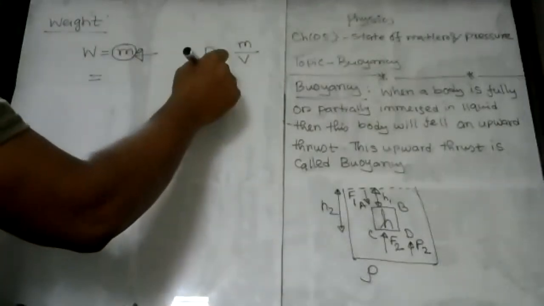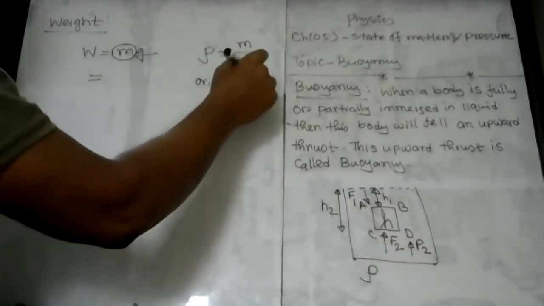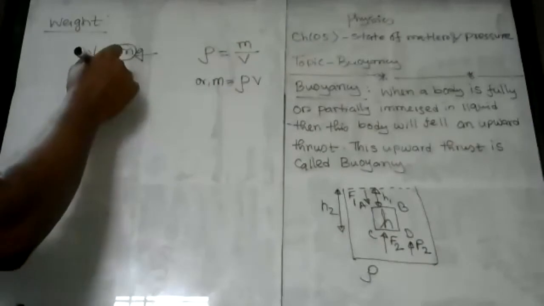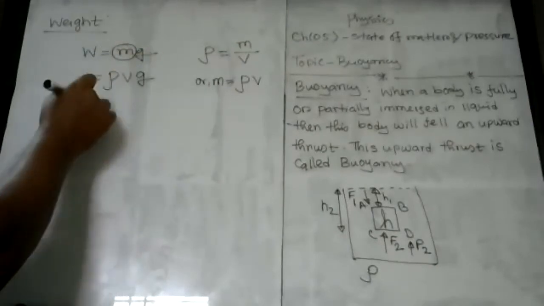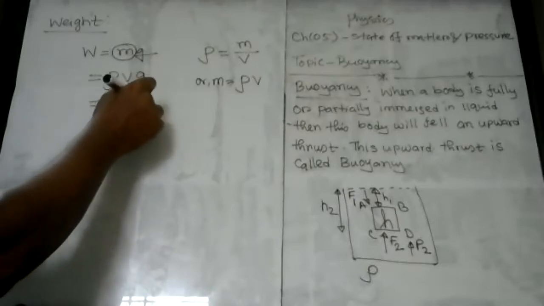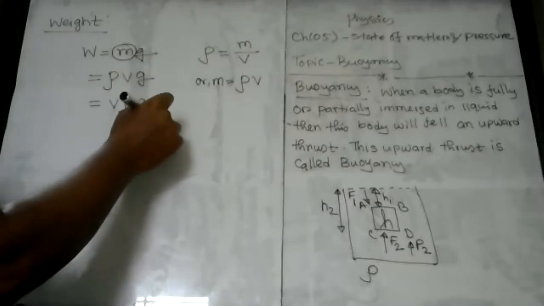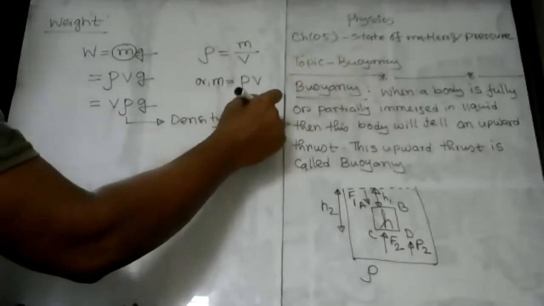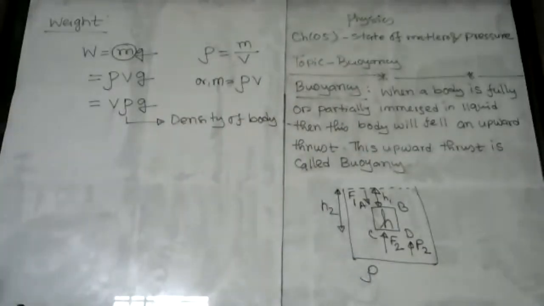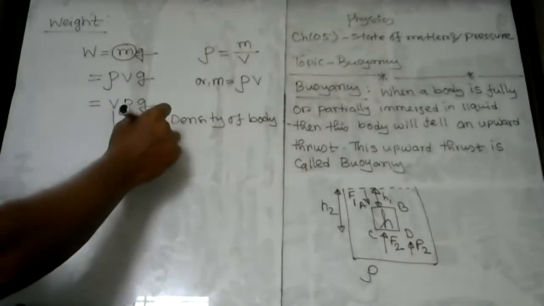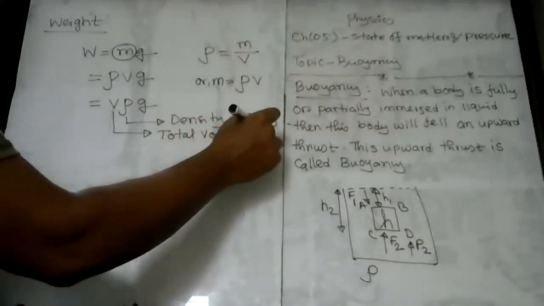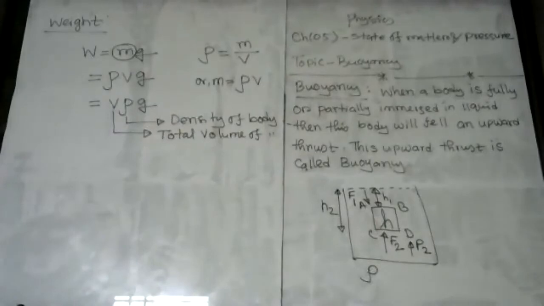So mass M equals rho into V. So W equals rho into V into G, or you can say V rho G. Here rho is the density of the body, and V is the total volume of the body.